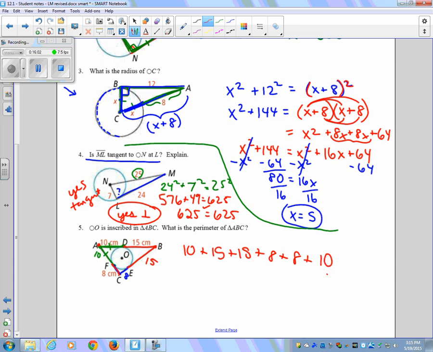So that's 6 numbers we're adding up here. 10 and 10 is 20. 15 and 15 is 30. And 8 and 8 is 16. So 50 and 16 is 66. So 66 centimeters.